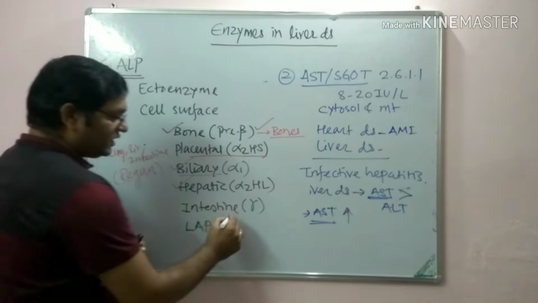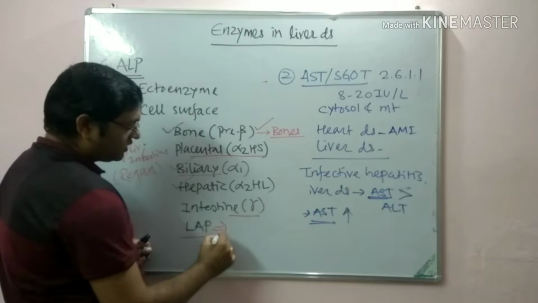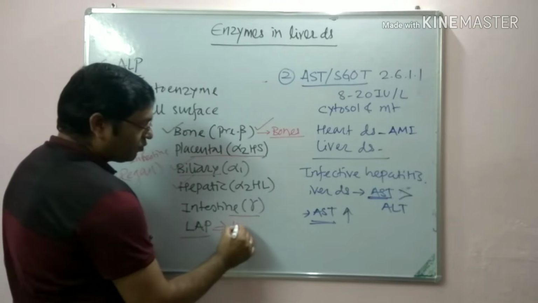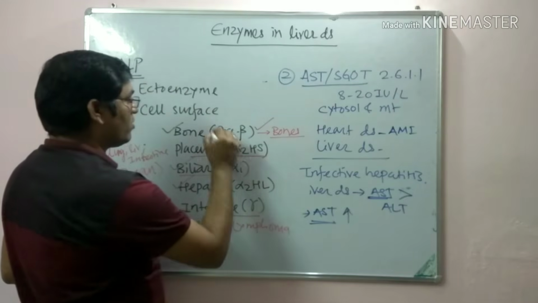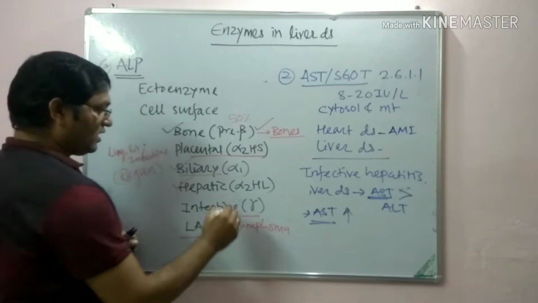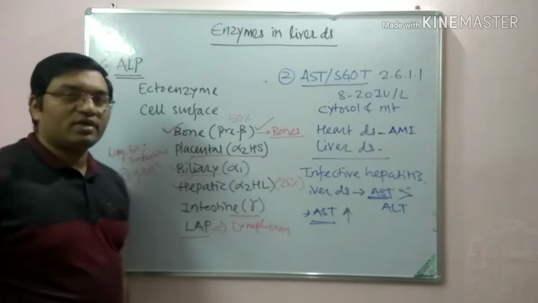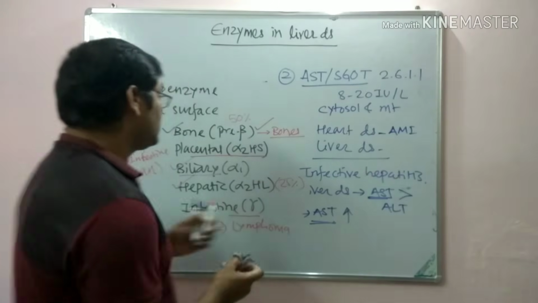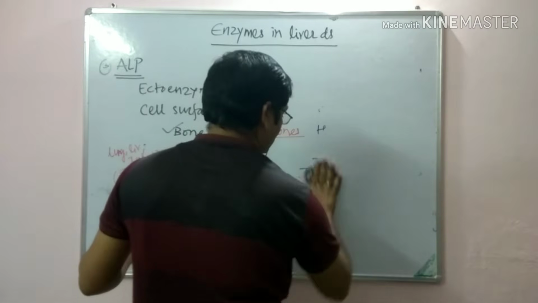Then there are the intestinal isoenzyme and leukocyte alkaline phosphatase, whose concentration increases in lymphoma. The bone is the common form, constituting about 50% of ALP activity, and the hepatic constitutes about 25% of the ALP activity.